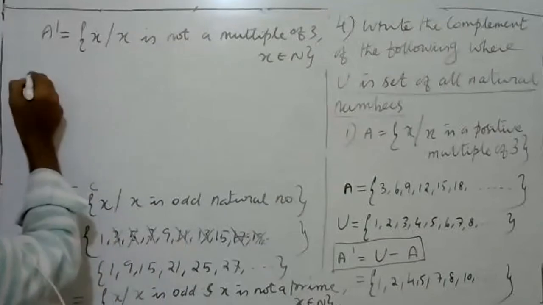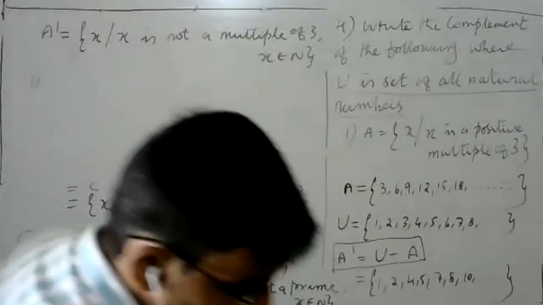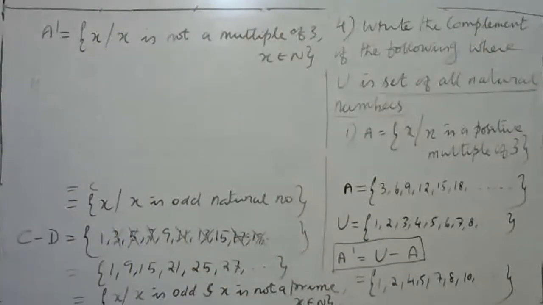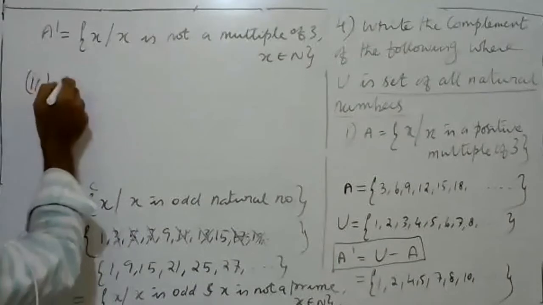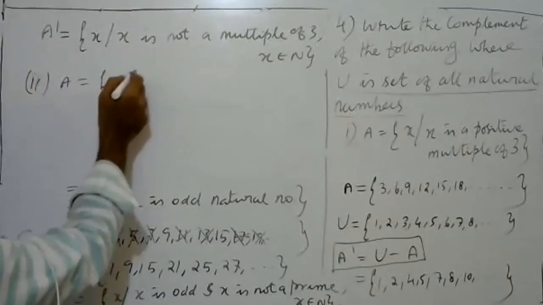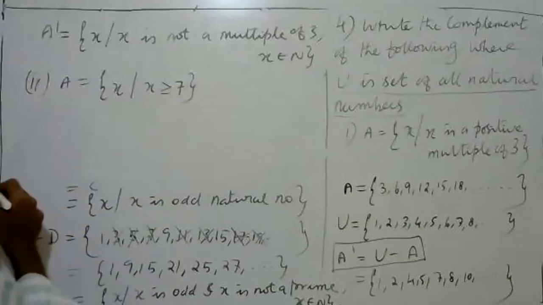The second problem: set A is equal to the set of all x greater than or equal to 7. This is very simple.